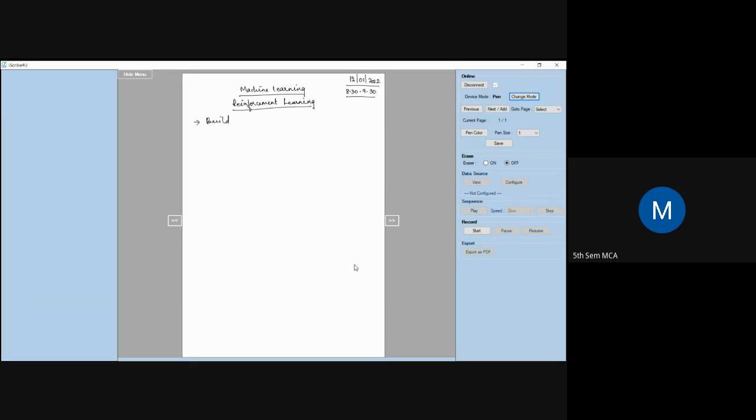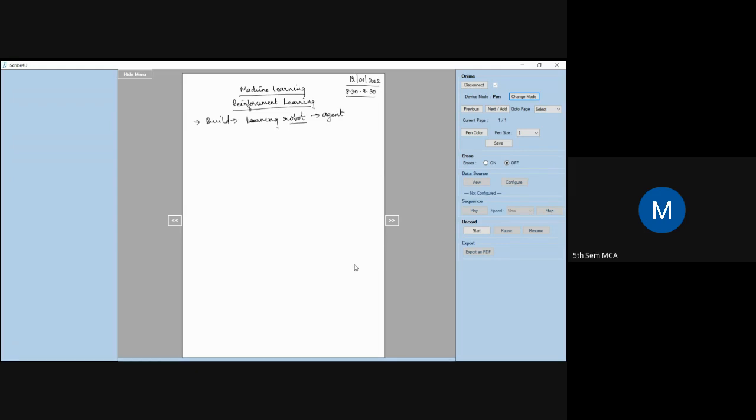So far, from module 1, we have been seeing how we can train the machine so that it can predict something. Today we are going to see how we can train a robo, how that robo can learn. This robo can also be called an agent.